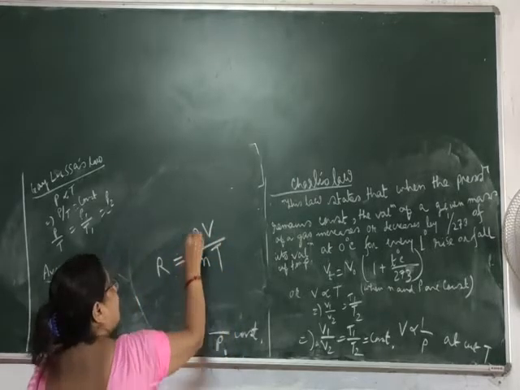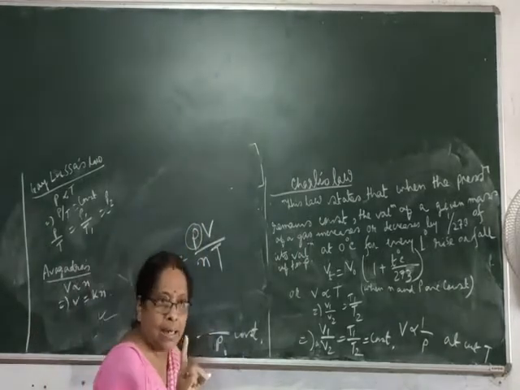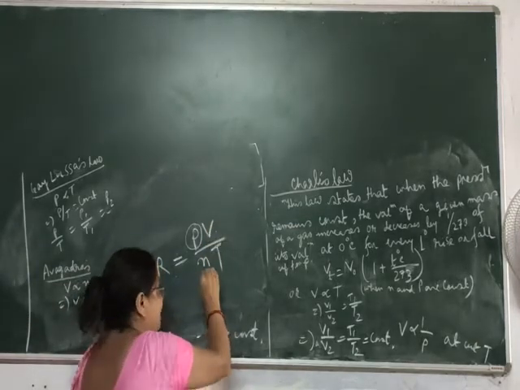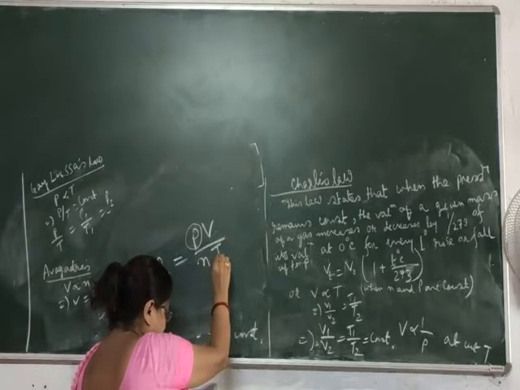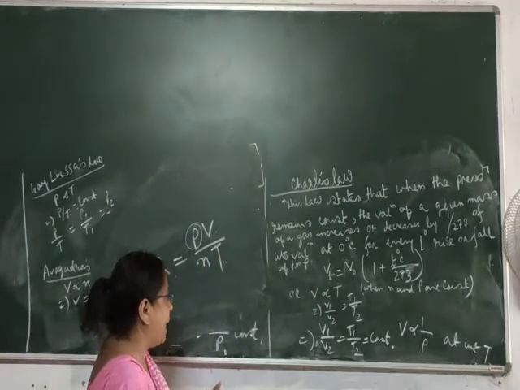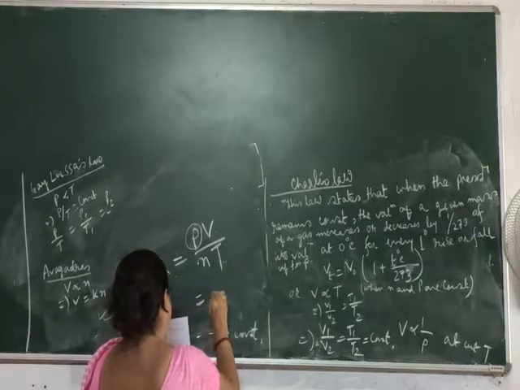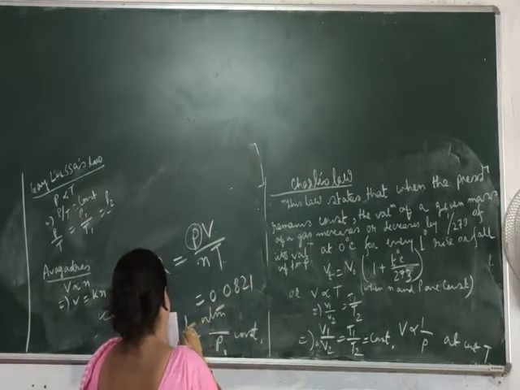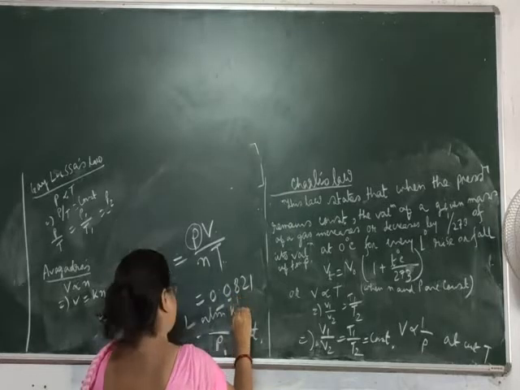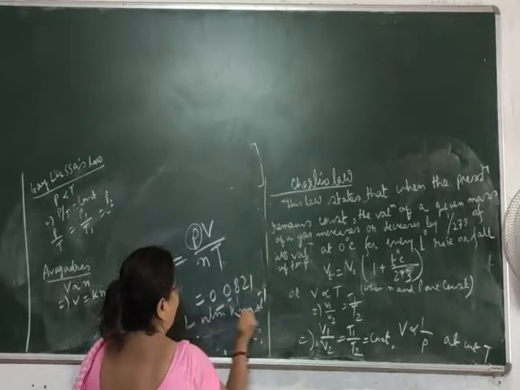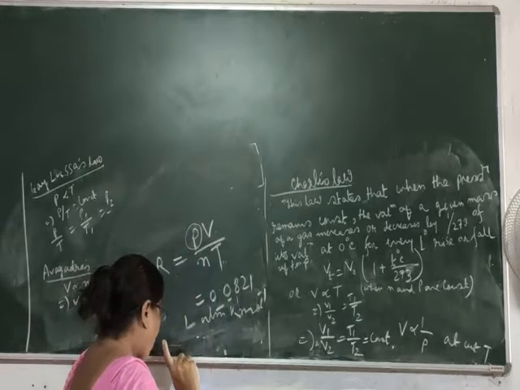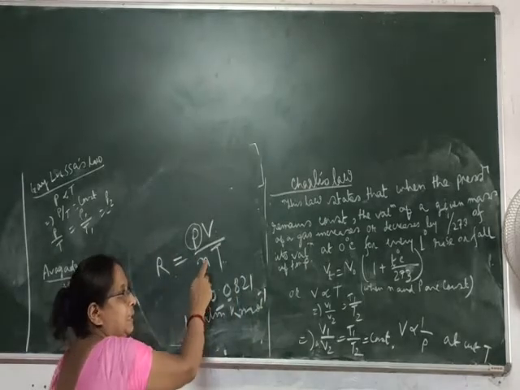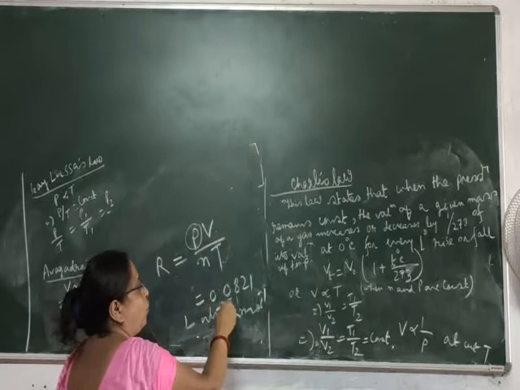Now if we put in place of pressure 1 atmosphere, in case of volume 22.4 liter, n is 1 mole, and T is 273 K, then we can calculate that the value will be 0.0821 liter atmosphere per Kelvin per mole. So we put pressure 1 atmosphere, volume 22.4 liter, n 1 mole, and temperature 273, and we get this value.